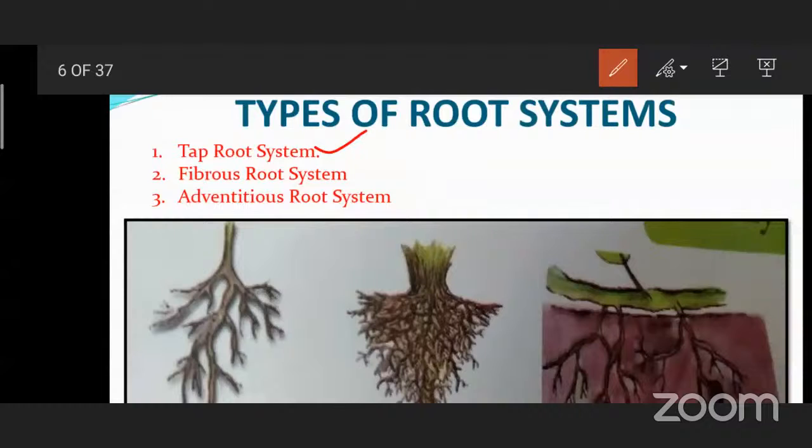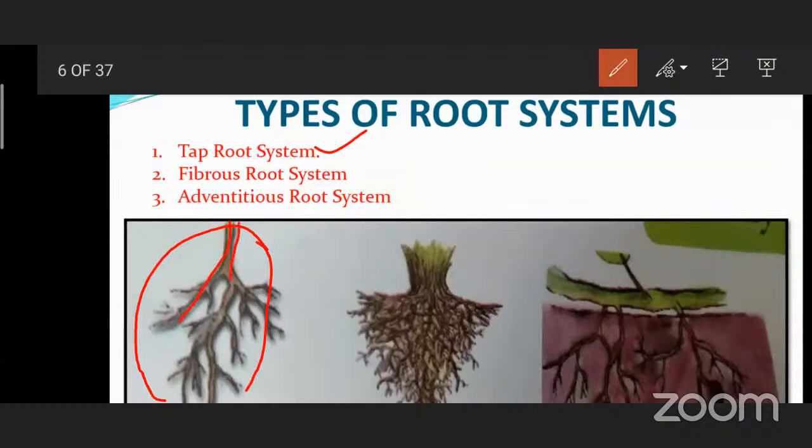Now let us discuss the first one, the taproot system. Dicots only have a taproot system. In the majority of dicotyledon plants, direct elongation of the radicle leads to the formation of the primary root.